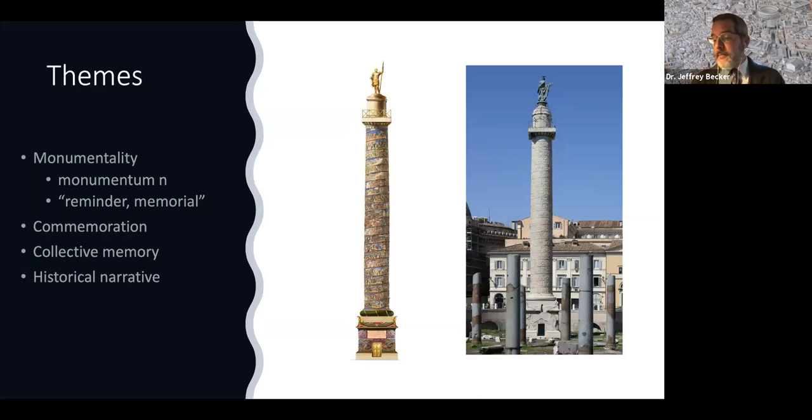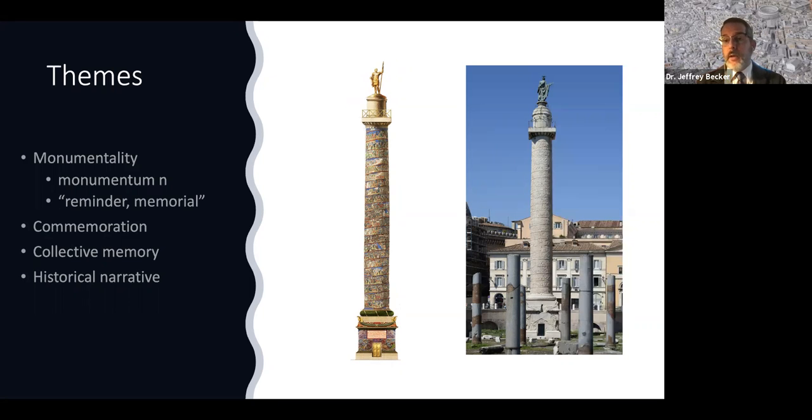When I think about the Forum of Trajan, the Column of Trajan, and especially when I talk about those monuments with my students, there are a number of themes that lend themselves readily to Trajanic monumental architecture.